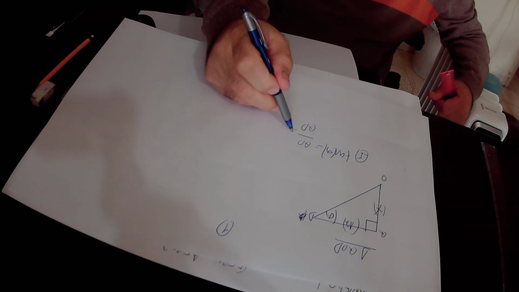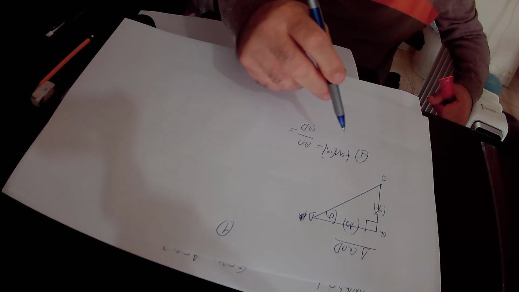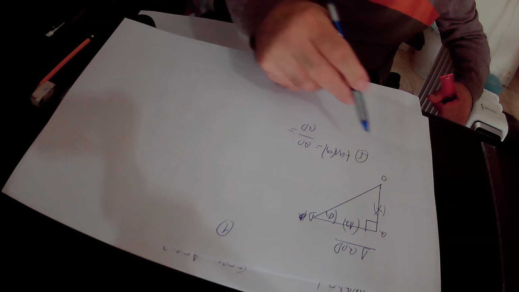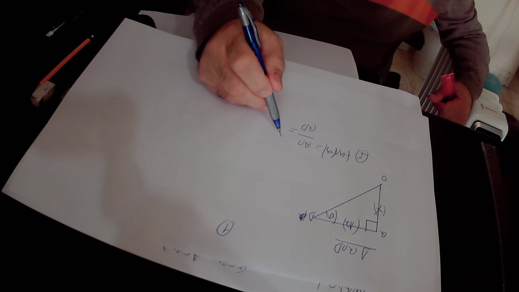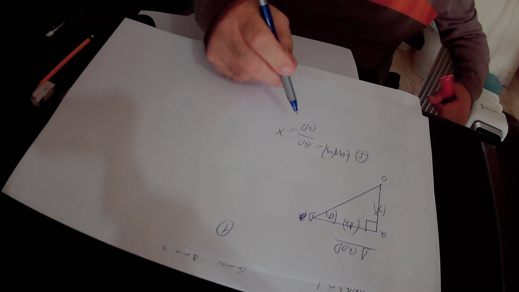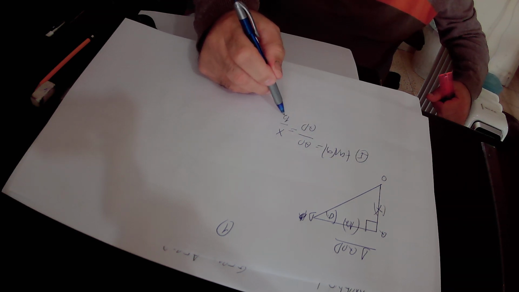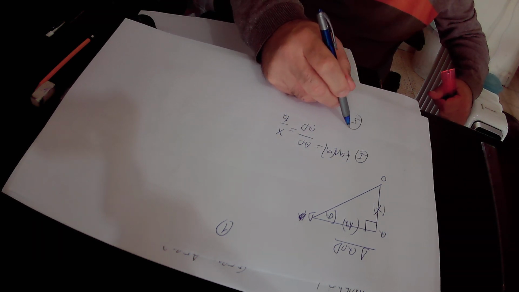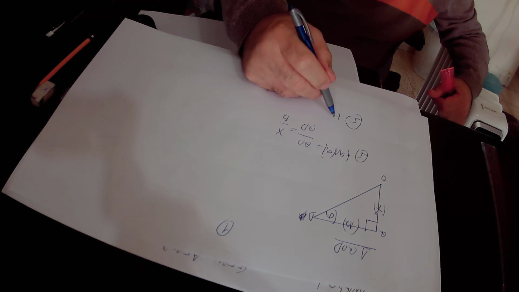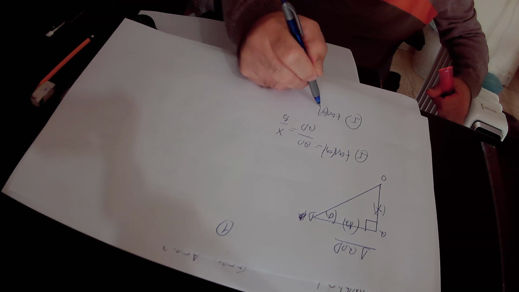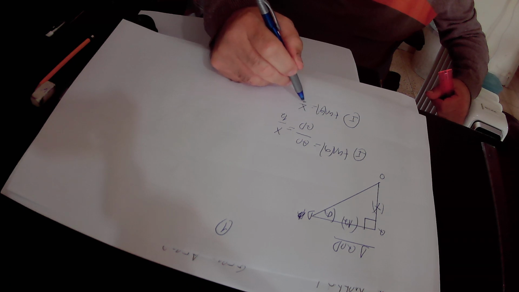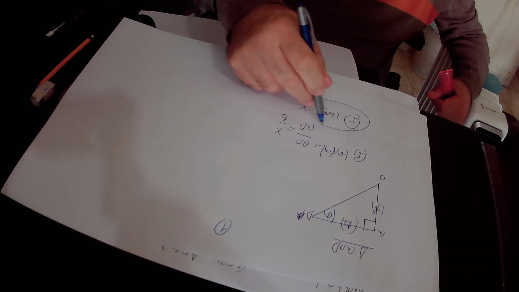QO equals X, so we substitute QO by X, and QD equals 12, so we substitute QD by 12. In conclusion, in the right triangle QOD, tangent alpha equals X over 12. This is equation number 1.